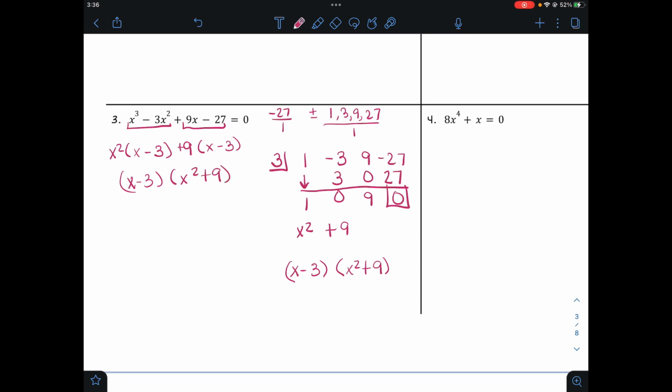Okay, so from there we can solve this one. We know it's x equals 3, which we had solved already using the rational root theorem. And now we can solve this one. So x squared plus 9 equals 0. This is a sum of squares, and we don't have a sum of squares way to factor that. So we can move this 9 over, and we have x squared equals negative 9, and then to undo a square, we take a square root.